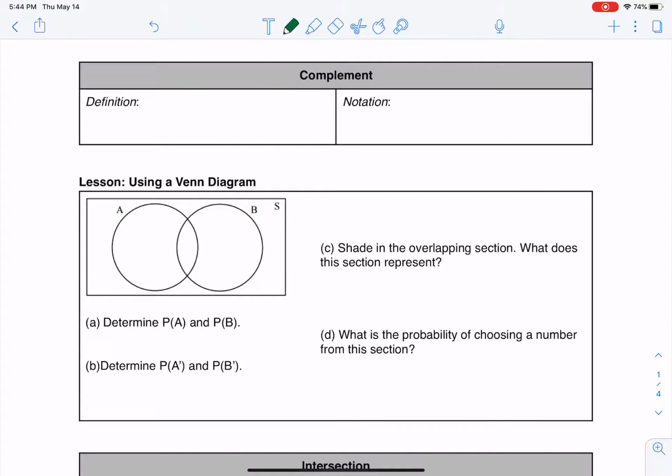So first of all, a complement. A complement describes all outcomes that are not the event. We'll look at an example in a minute that will make this a little bit more concrete. The notation for the probability of a complement of event A occurring is P of A with a little apostrophe. That means the complement of the event.